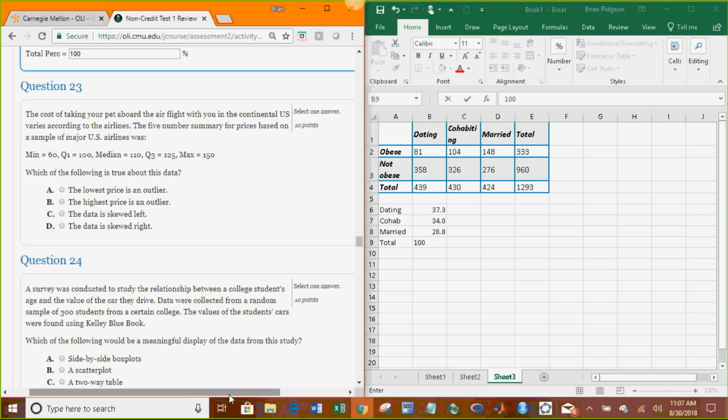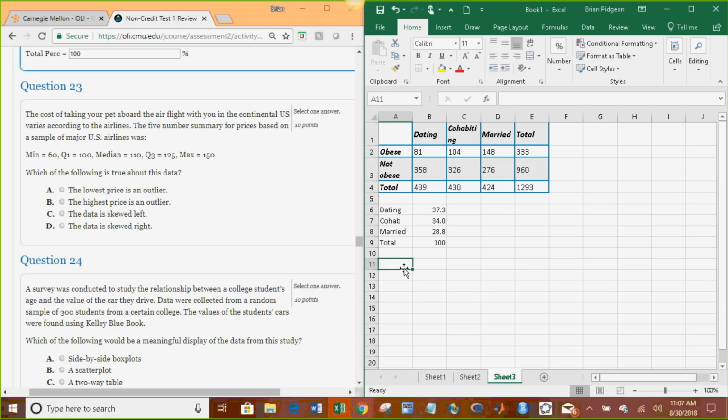The cost of taking your pet aboard the air flight with you in the continental U.S. varies according to the airline. The 5-number summary for prices based on a sample of major U.S. airlines was, we're given the 5-number summary. Which of the following is true about this data? So what we want to do is, it talks about outliers. So there's a formula to determine outliers that uses the quartiles and the minimum and maximum.